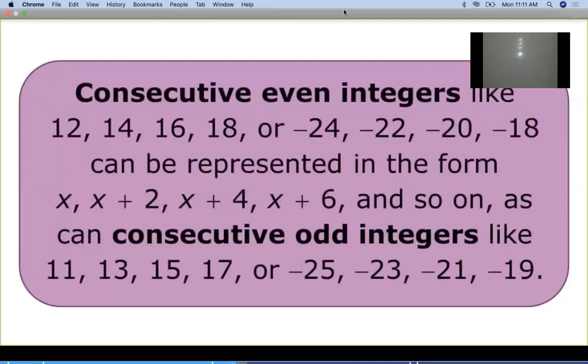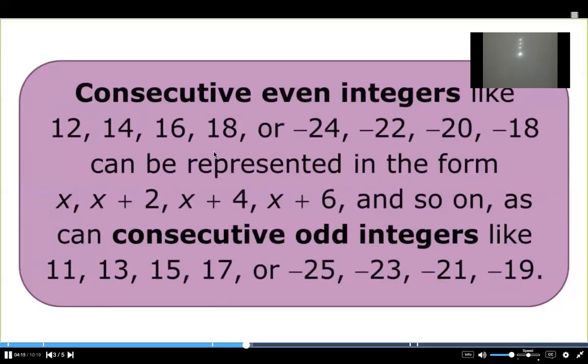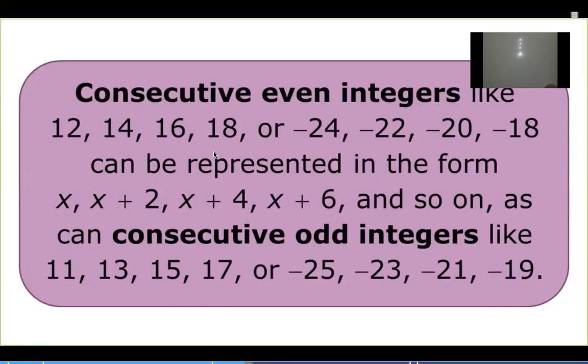Consecutive even integers like 12, 14, 16, 18, or negative 24, negative 22, negative 20, negative 18, can be represented in the form x, x plus 2, x plus 4, x plus 6, and so on. As can consecutive odd integers like 11, 13, 15, 17, or negative 25, negative 23, negative 21, negative 19.